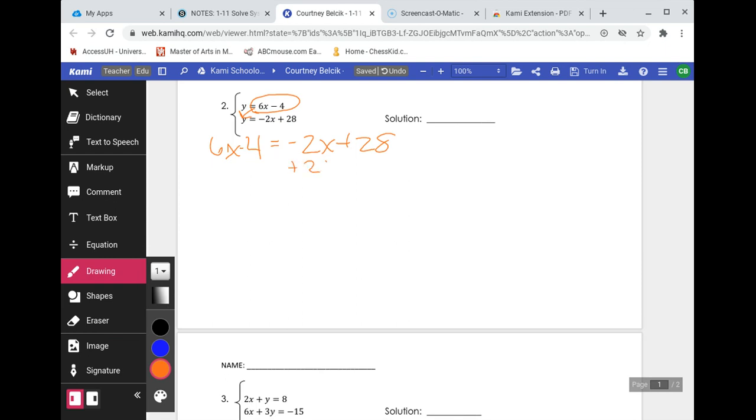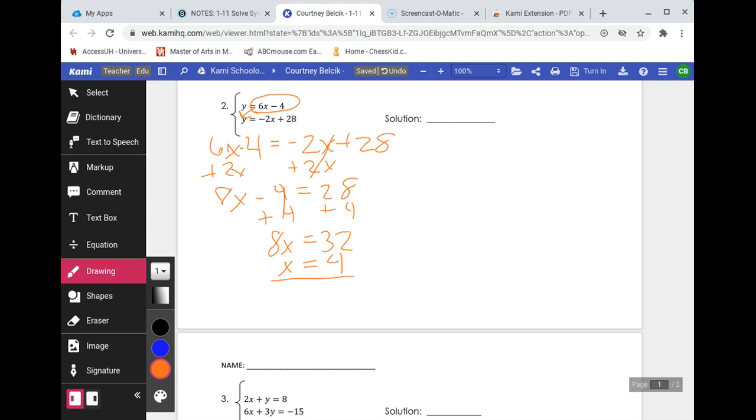So I'm going to move my negative 2x by adding 2x. I have 8x minus 4 equals 28. I'm going to move my constant to the other side. I have 8x equals 32. And I'm not going to show the work because I'm running out of space, but if I divide both sides by 8, I get x equals 4.